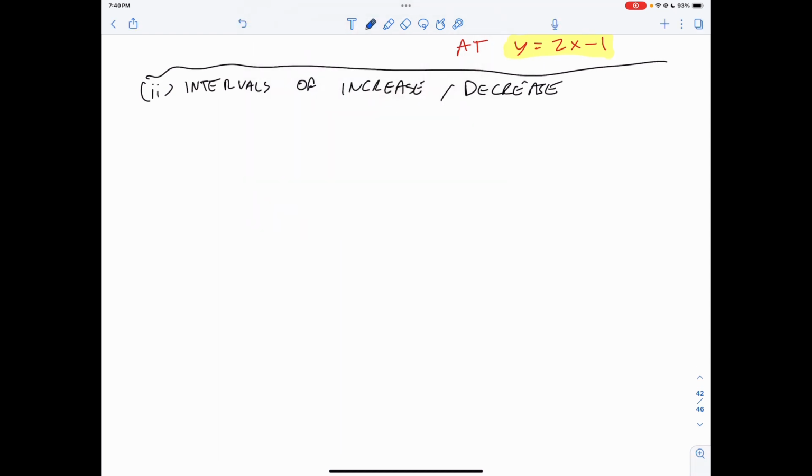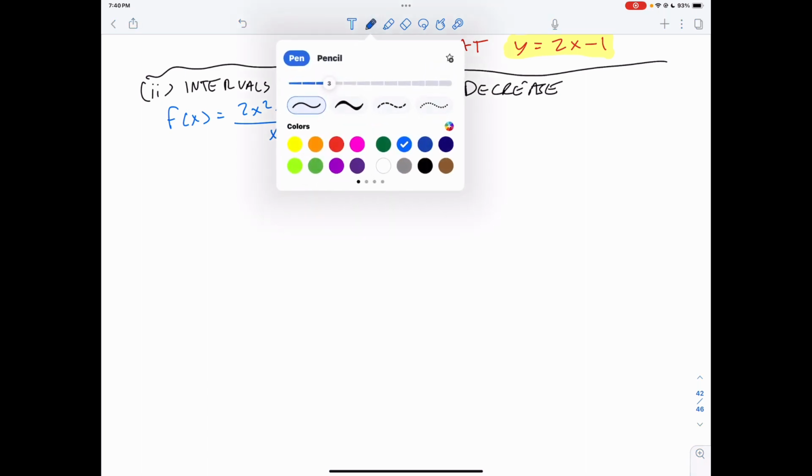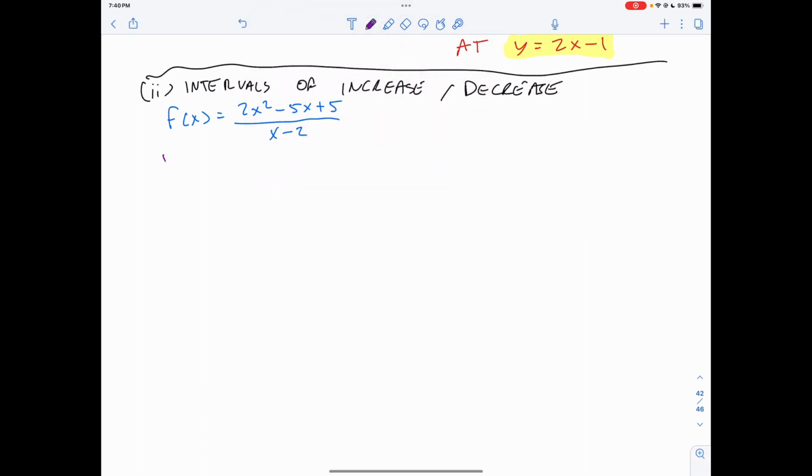If f of x is equal to 2x squared minus 5x plus 5, all divided by x minus 2, then f prime of x is equal to 4x minus 5 times x minus 2 minus 2x squared minus 5x plus 5 all times 1, divided by x minus 2 squared, just using that quotient rule.